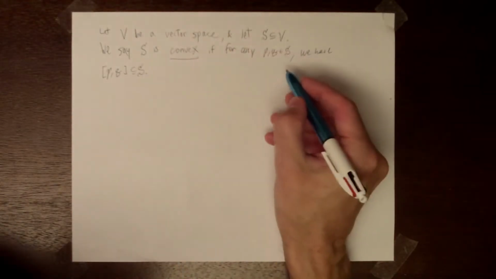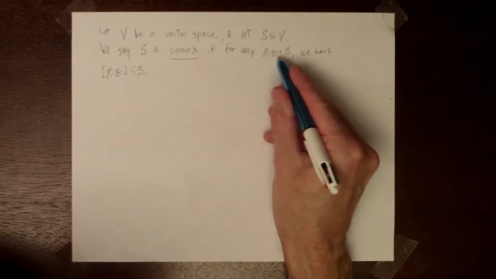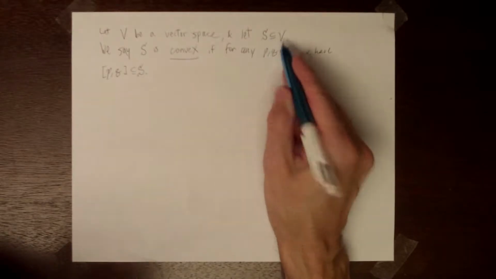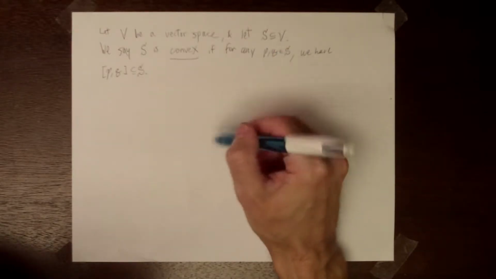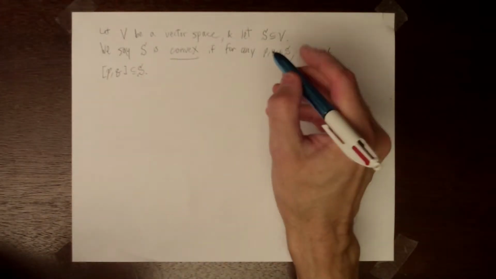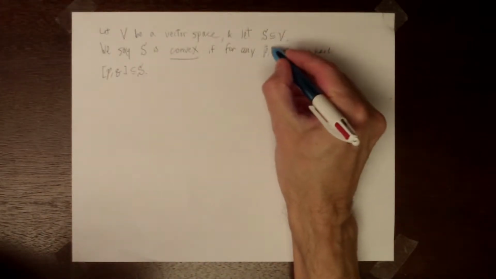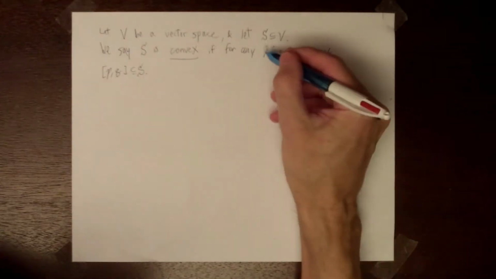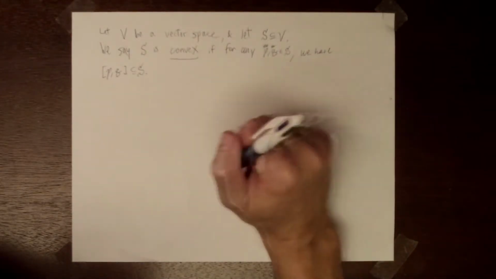P and Q are vectors since they're elements of S, and S is a subset of V, hence P and Q are actually elements of V. Now, you could put little arrows over these, but like in your textbook, I'm not going to bother.